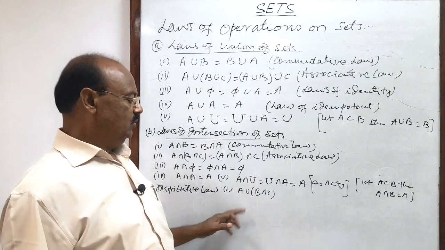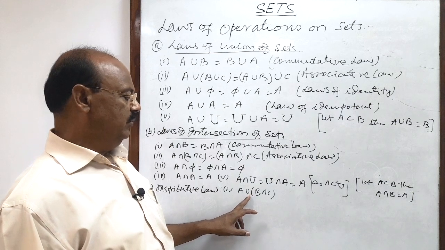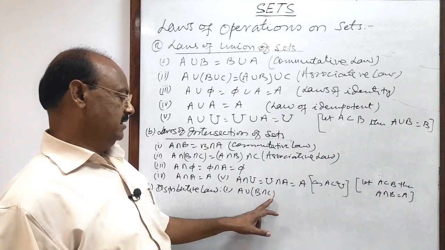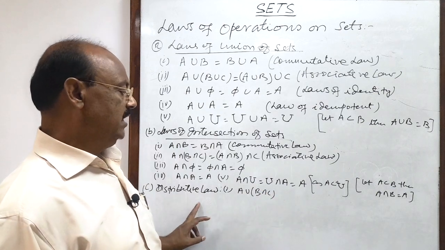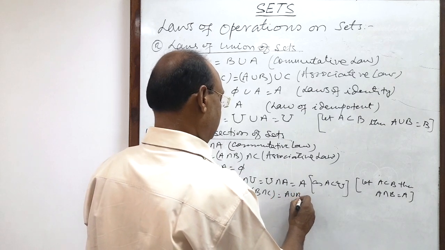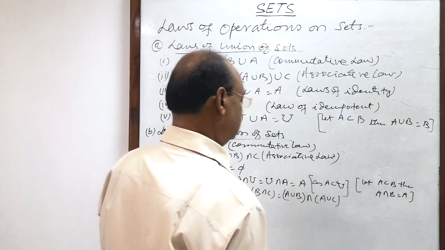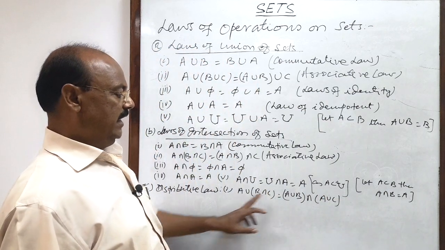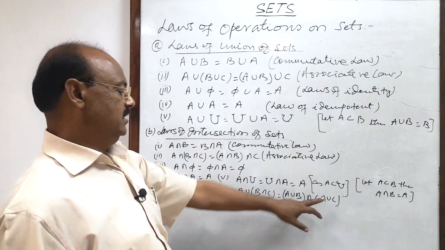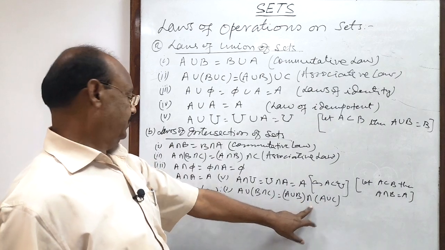So here union is outside the bracket, so this union will be distributed over both the sets B as well as C. That's why this is known as the distributive law. So this is A union B intersection A union C. This A union has been distributed over both the sets B as well as C, and intersection is in between these two operations.